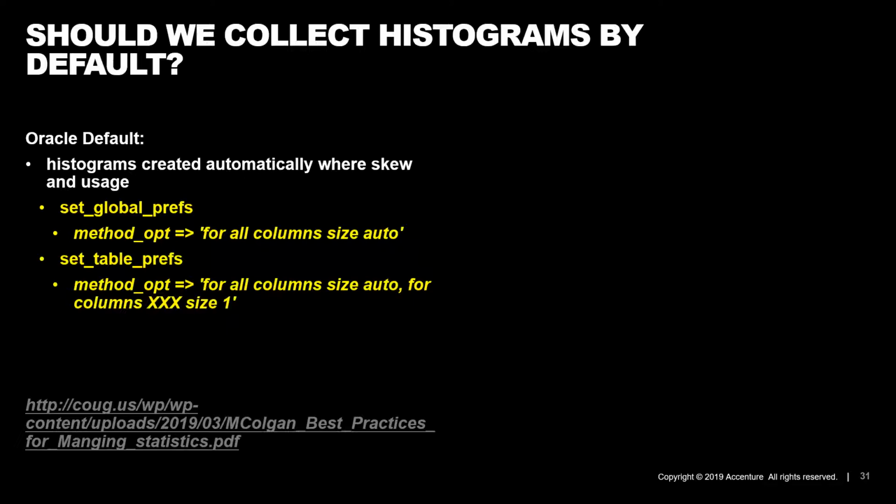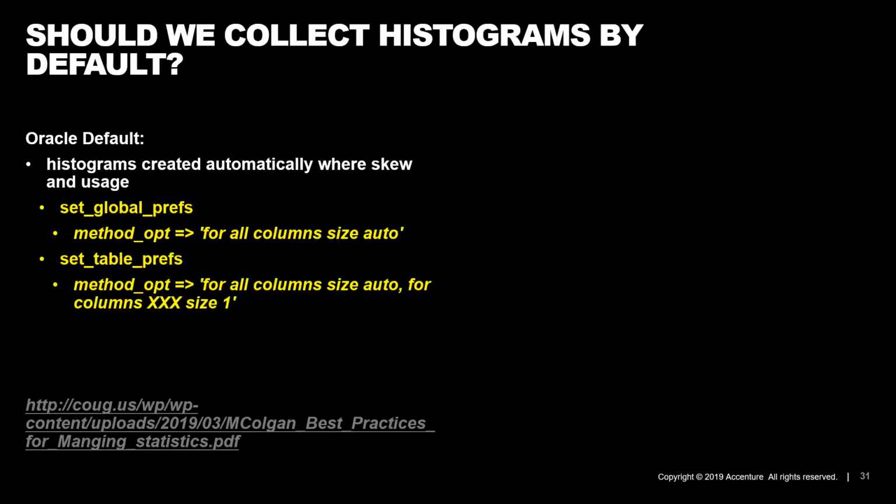Oracle's advice, and you can find lots of presentations on this subject, quite often given by Maria Colgan, is leave the default as for all column size auto, manage by exception, and where you don't want a histogram on a column, set a table preference that just for that column sets the bucket size to 1. But it's still for all column size auto and all the other columns.